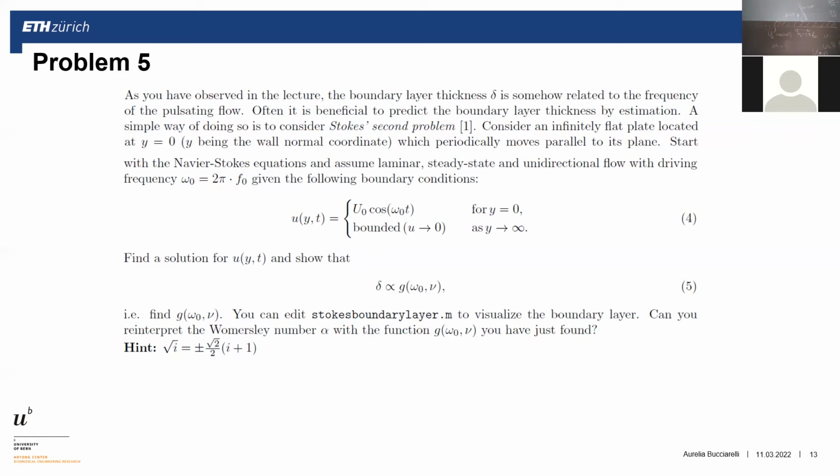Maybe you have done it, it is the Stokes second problem. People were like, what is moving? And I was like, it's written there. So you may consider a plate that moves. Here you have the velocity, and the velocity in this direction there is none, obviously, because this moves only.